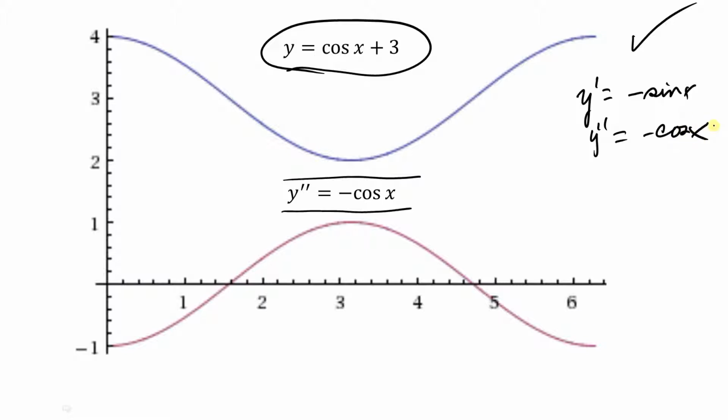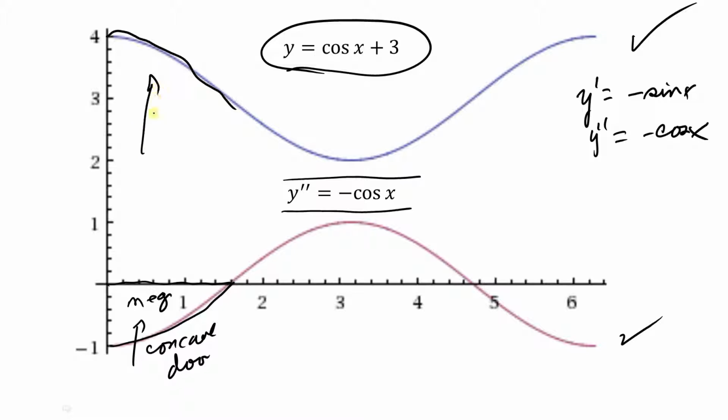Now, we have a graph here of the second derivative function, and you can see where it's negative, below the x-axis, that the original function y should be concave down. And sure enough, it is concave down.